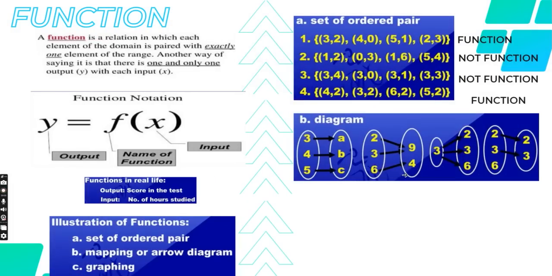Next one is the mapping or arrow diagram. This is what a mapping diagram looks like. Which one is a function and which one is not? The first one, the second one, the third one, or the fourth one? Let's see.